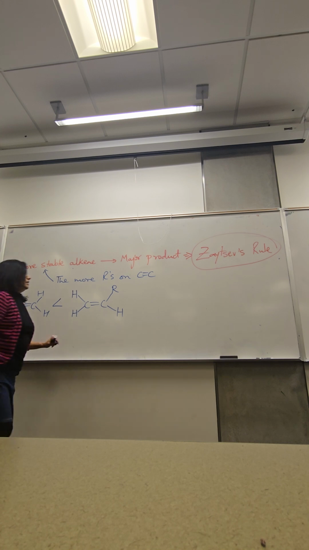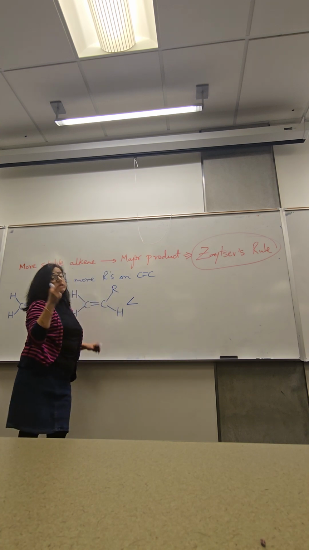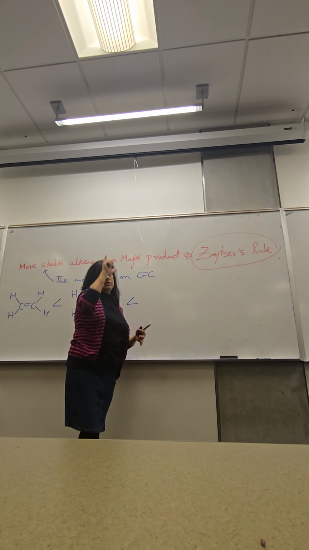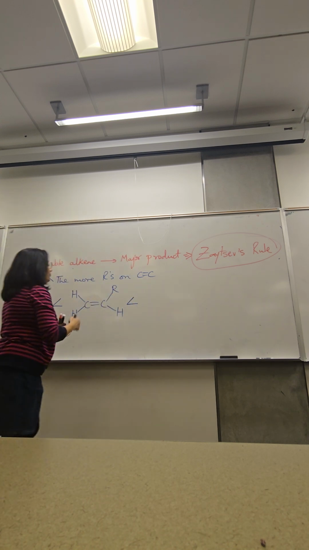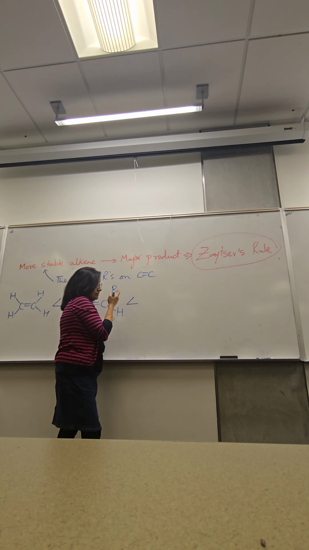Then comes what? What do you think? Di-substituted? Good. Now there are 3 kinds of di-substituted, right? Because there are 3 possibilities for the groups to be on the double bond. I know what the 3 are, but I'm trying to remember one of them.